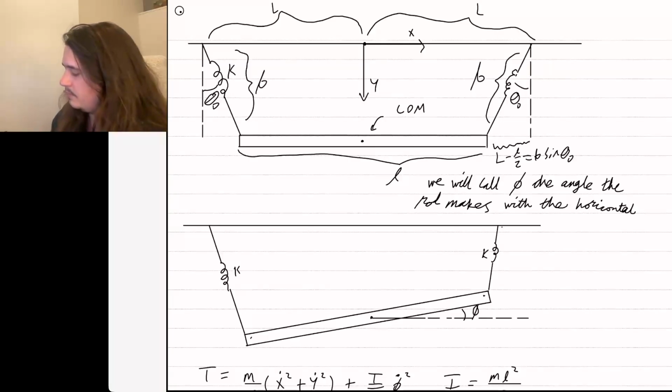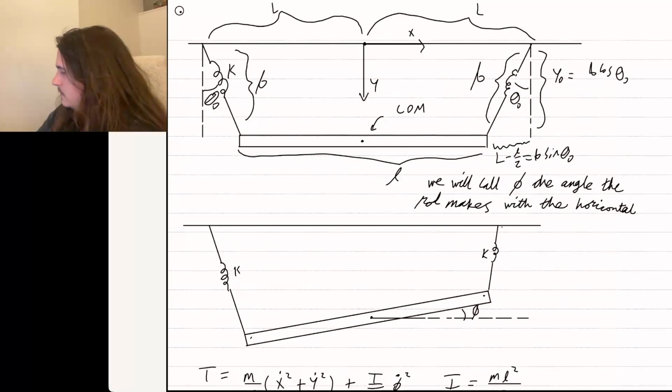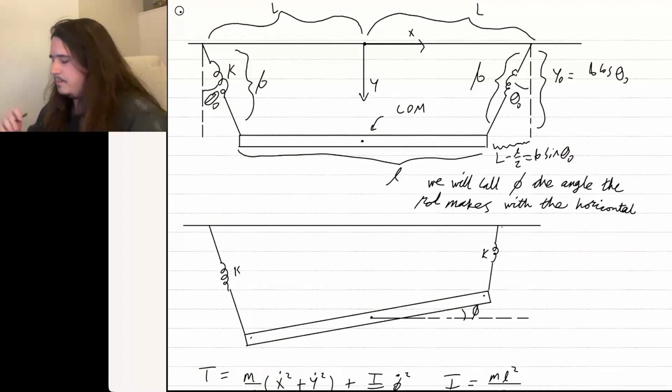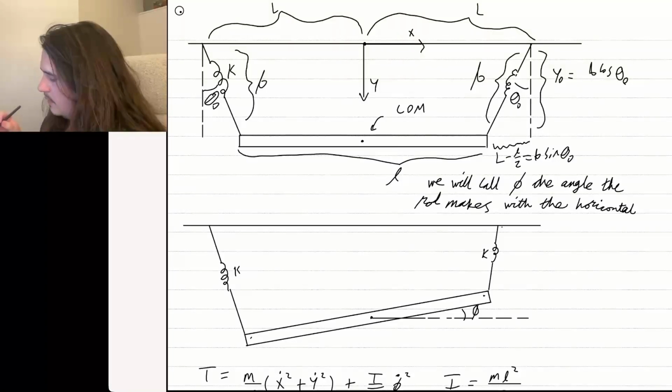Right, so that's something that we can use to simplify our expression. As well, we know that y naught, which is this distance, y naught is b cosine theta naught. Sorry, my cat is biting me. Ooh. Okay. We can use those.